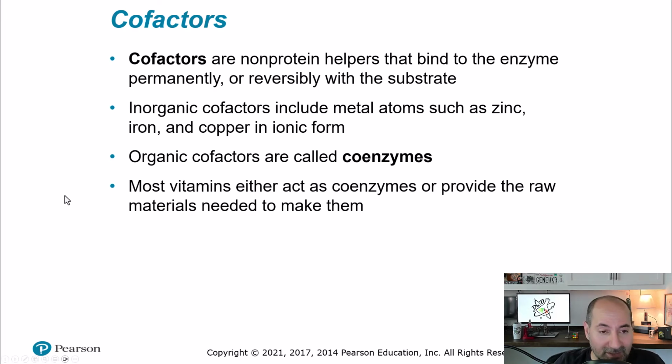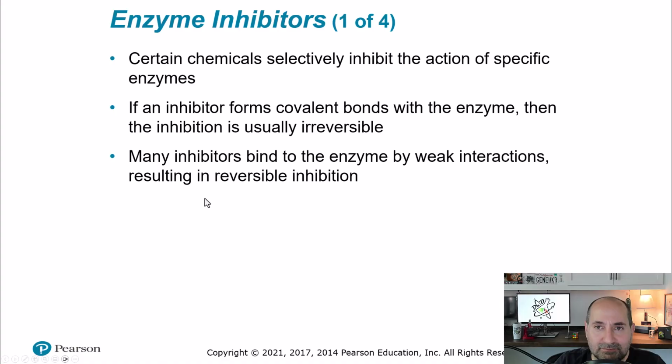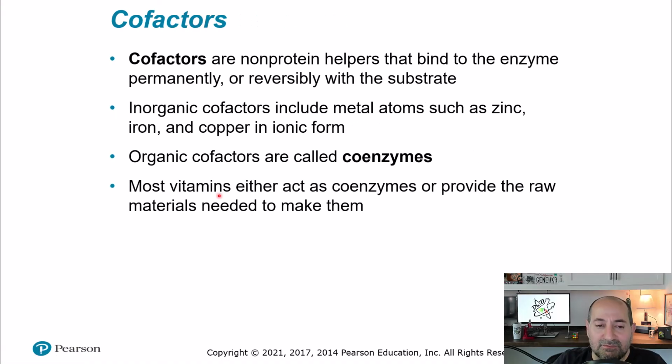Now, there are organic cofactors as well. Remember, organic means contains carbon and at least one hydrogen. The organic cofactors are called coenzymes. And the coenzymes include vitamins. You've heard of vitamins, right? Vitamins are organic cofactors. So vitamins are very similar to these elements in that certain vitamins are required for different enzymes to work properly.